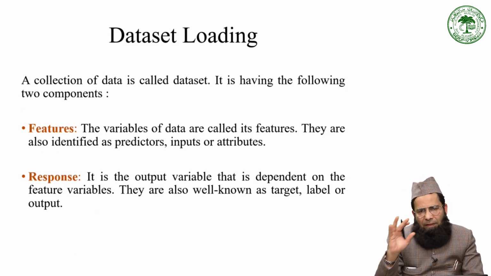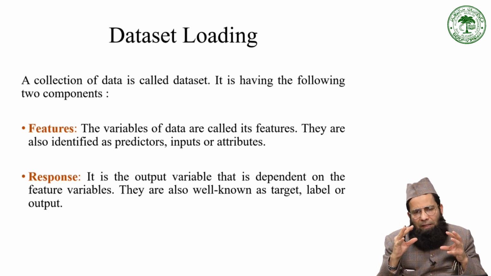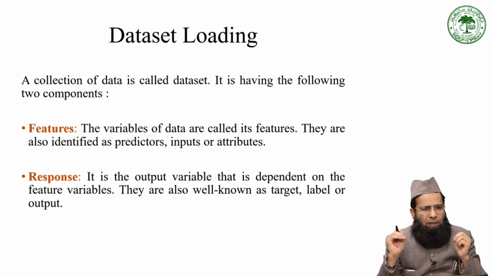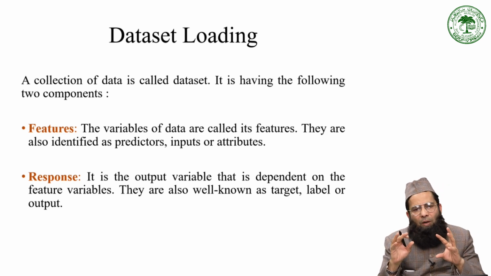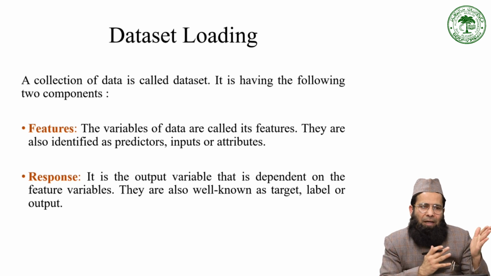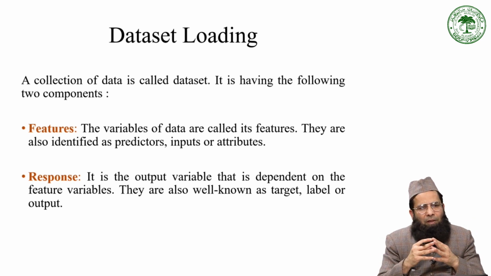As far as dataset loading is concerned, it has the following two components. Every dataset has two components, that we call features and response. The variables of data are called its features, that is independent variables. They are also identified as predictors, inputs, or attributes.